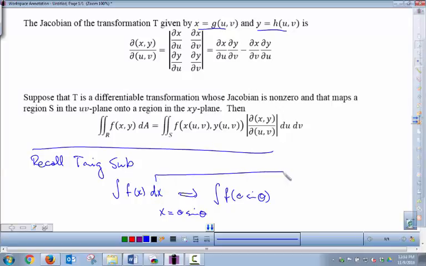But the other big thing is that when you change your variables, you have to compensate for the change in the function. The differential dx needs to get changed. So we find a differential here, and that's what we replace the dx by, so that now it's just a function of theta.